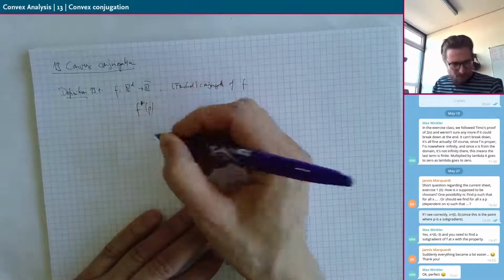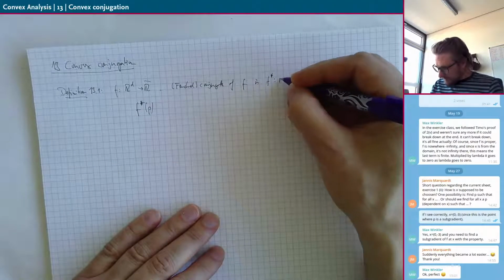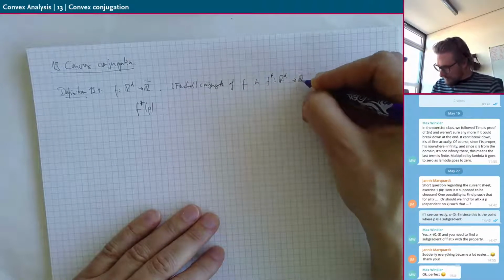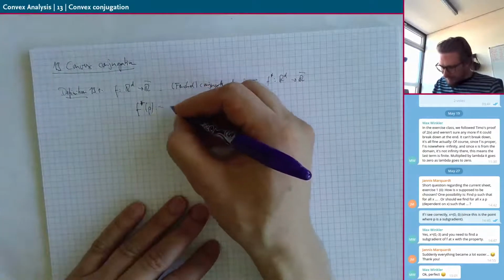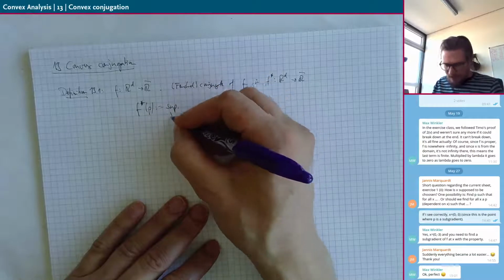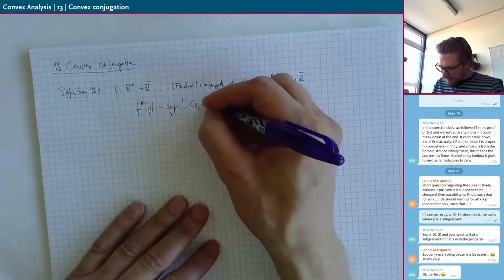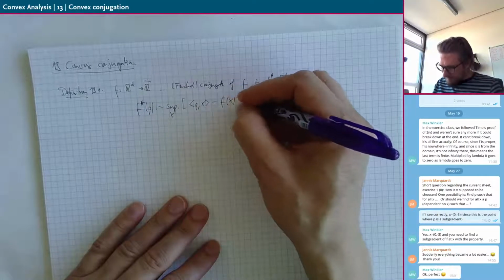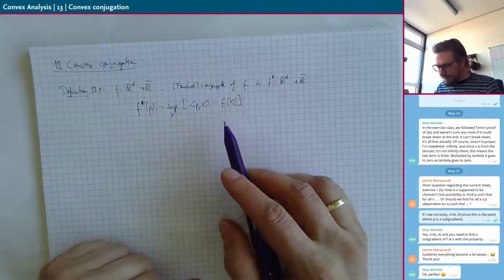It's also a function from Rd to the extended real line, and is defined by taking the supremum over all x of the inner product of p with x minus f of x. So that's the definition.